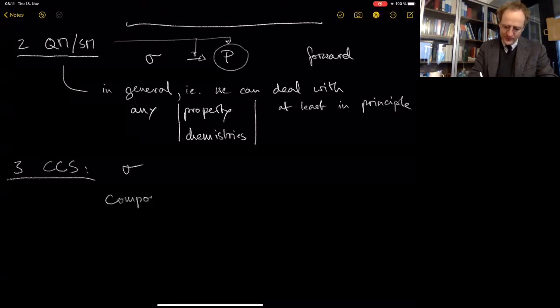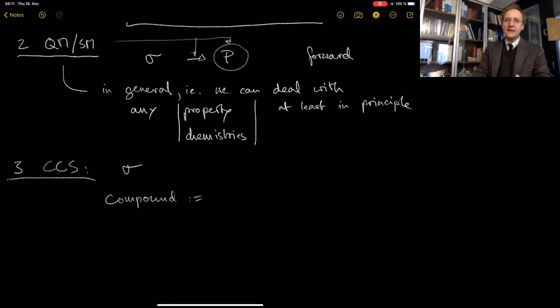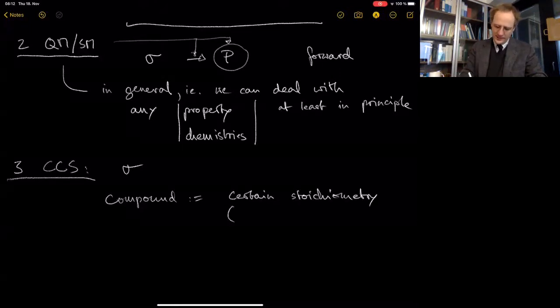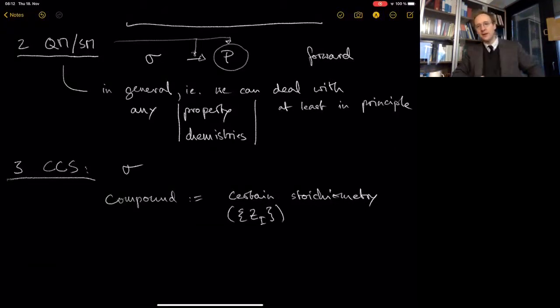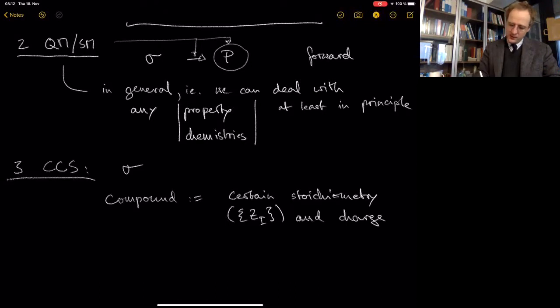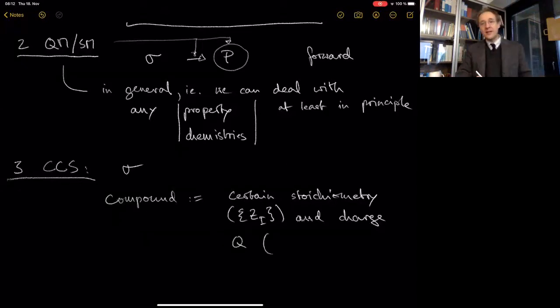So a compound is defined as a system with a certain stoichiometry, that means the set of nuclear charges is fixed, and a charge Q, the difference between the number of protons and the number of electrons in your system.